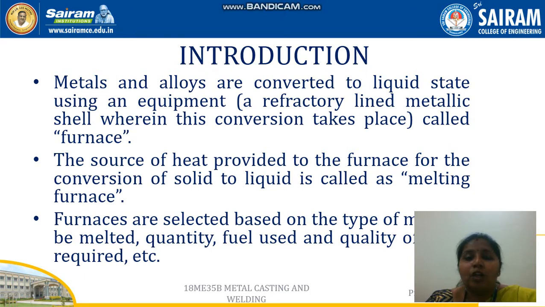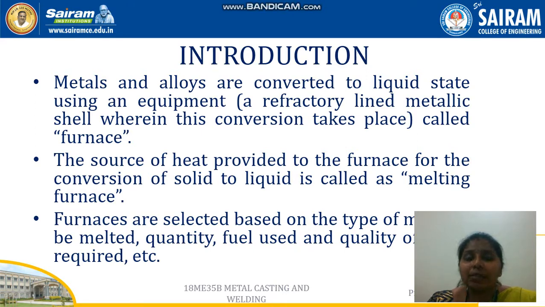This refractory lining is nothing but refractory material. Why do we need refractory in the furnace? It is to absorb the heat, because while heating the raw material at a very high temperature, too much heat is generated. The refractory lining helps in absorbing the heat produced.